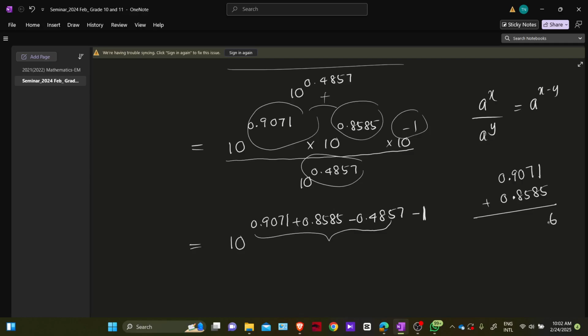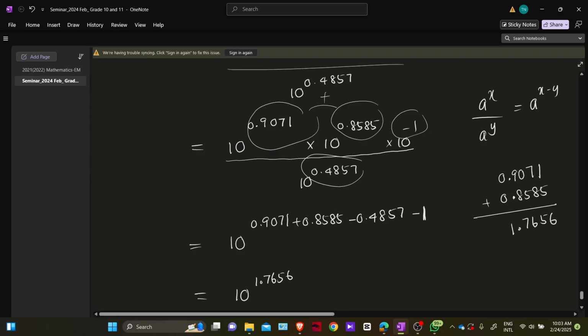This is 6. This is 15, remaining 1. This is 6. This is 17, remaining 1. Right? .7656. After adding these two, the answer will be 1.7656.